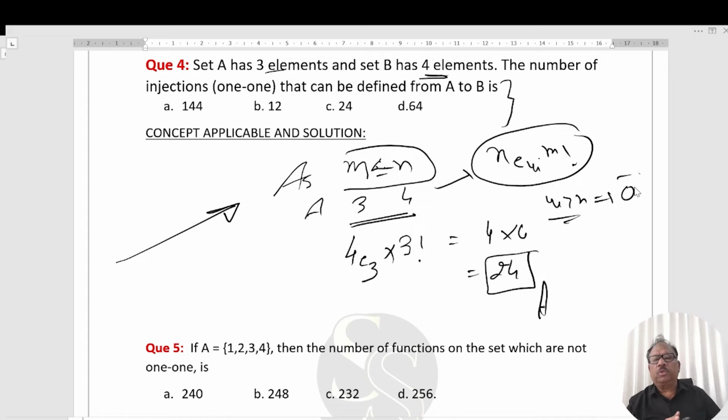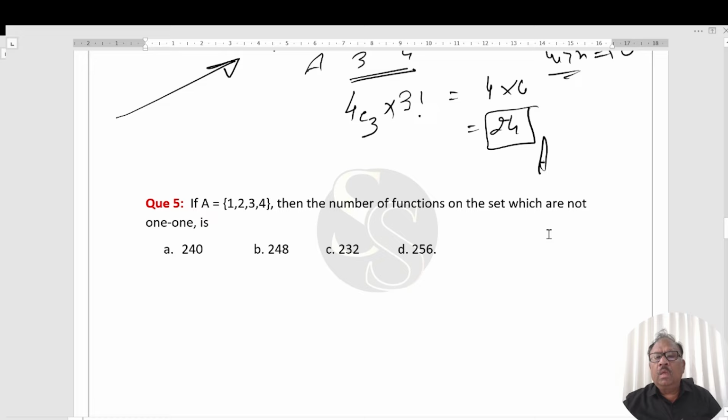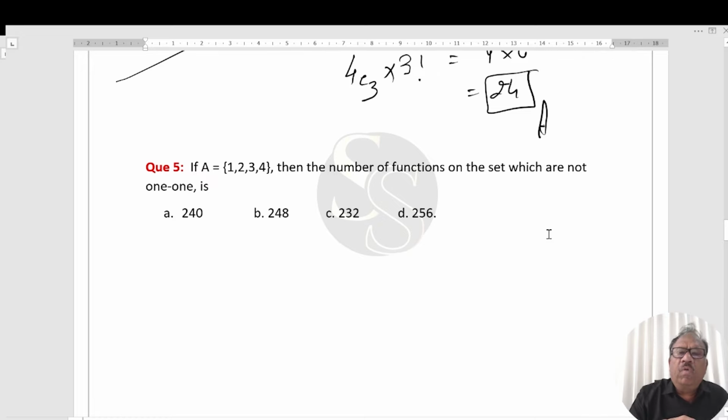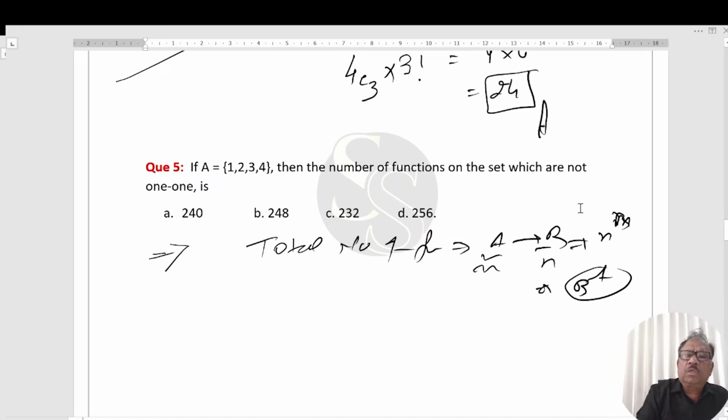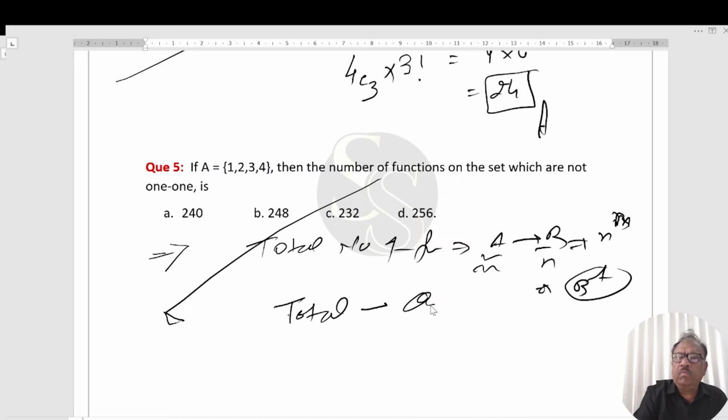Right. Next question. The number of functions on the set which are not 1-1. In this case, the total number of functions from A to B is n to the power m, or you can say B to the power A. To satisfy this condition, the answer will be total minus 1-1.